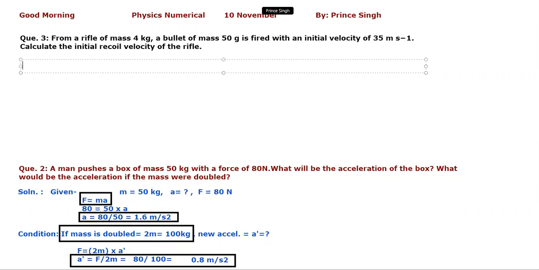What is the first thing that we write for the recoil? First we write the given data.